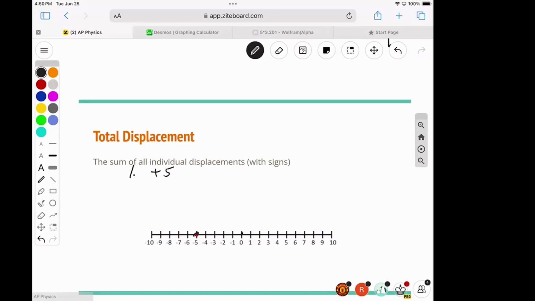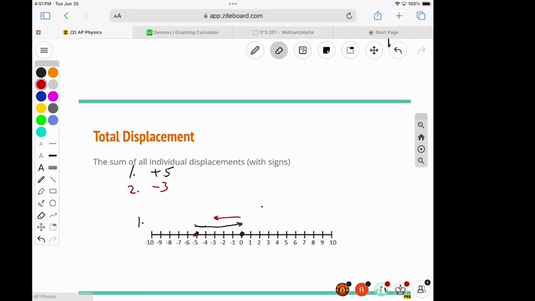I will get to 0. Okay, that's my step one. In step two, I have a further displacement of -3. Where would I go? I would go back here, -3.